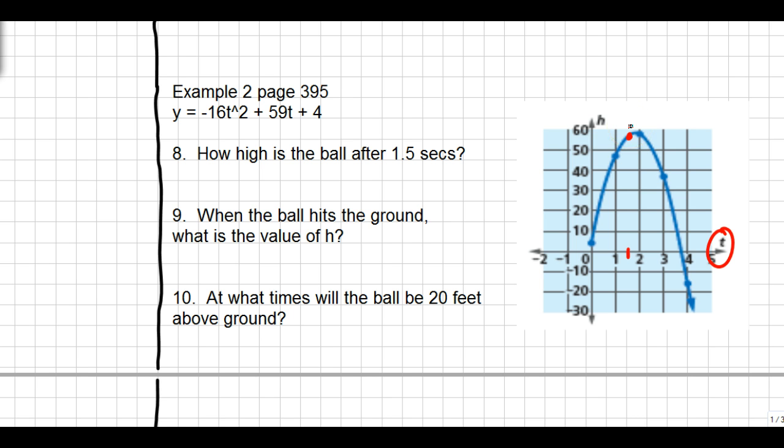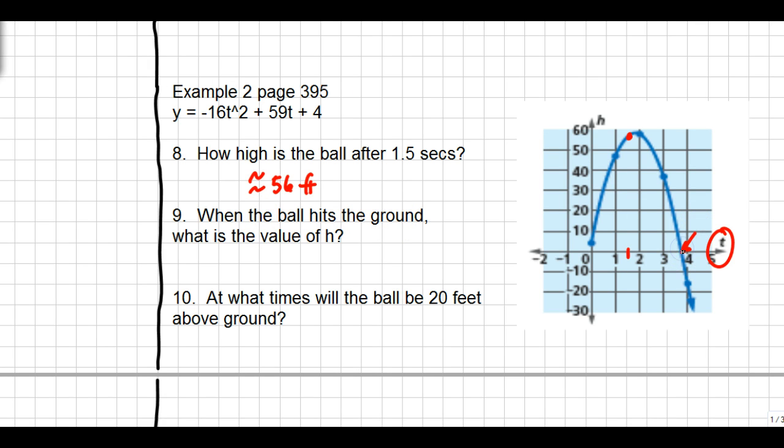Wouldn't we say about 50? It's definitely more than halfway, so I'd probably say about 56 feet here. It doesn't say feet, but I can see in some of the other questions it talks about feet. I'd probably be able to see in example 2 in the book that it talks about feet in that instance. When does the ball hit the ground?